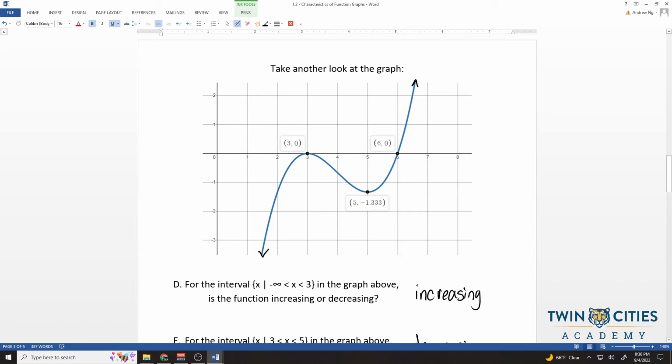This is simply saying from left to right on that interval, are you going up or are you going down? If from left to right you are going up, you're increasing. If from left to right you are going down, then you are decreasing. And then here again, just in this graph specifically, we are increasing one more time.